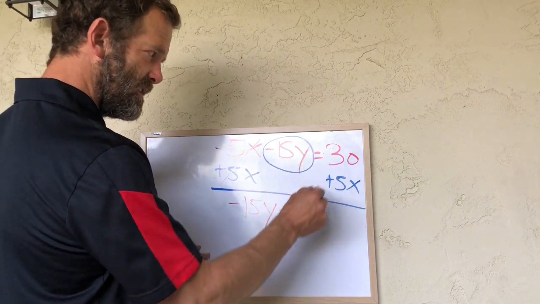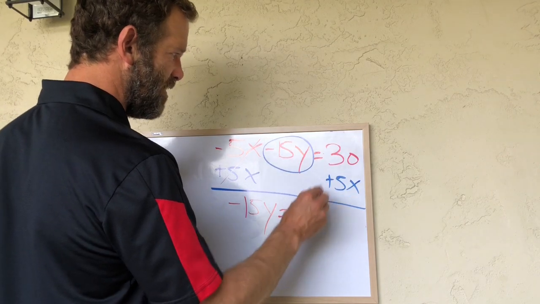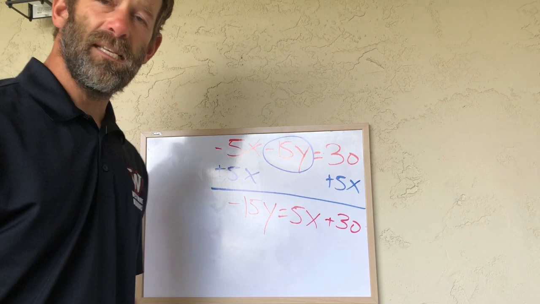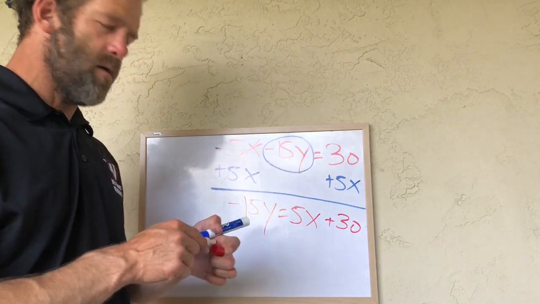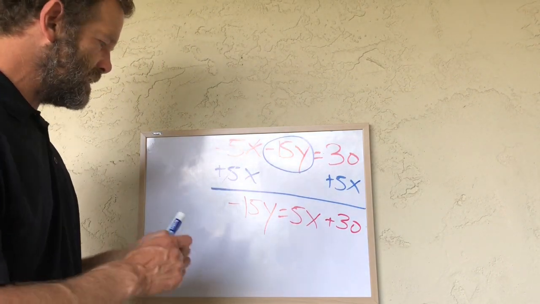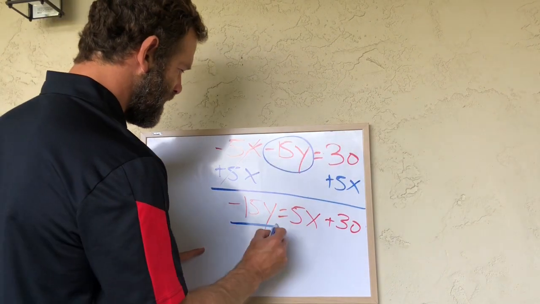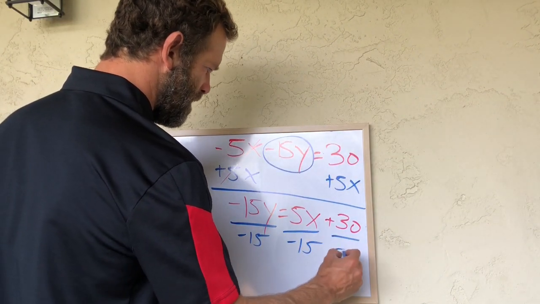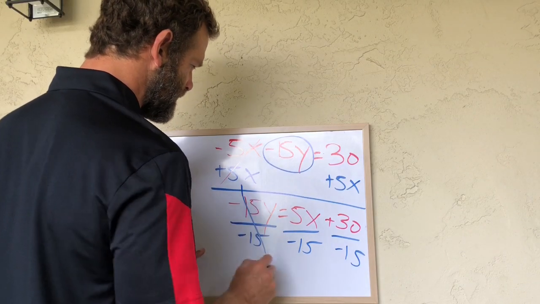You can't add that to that 30, so we're just going to say I have a 5x and a positive 30. The next step is I got to get my y all by itself. So you should have looked at this and said, okay, I have to divide everything by negative 15. I have to divide every single thing by negative 15 to get that all by itself.